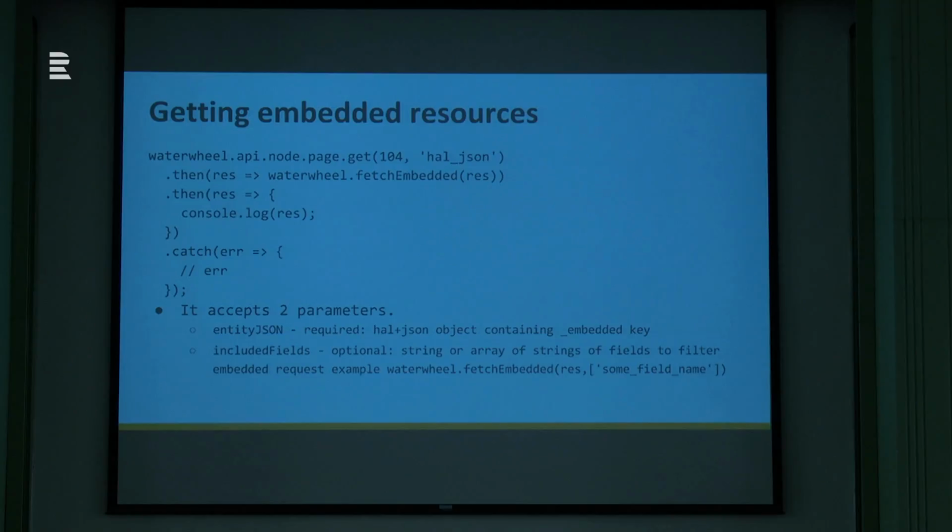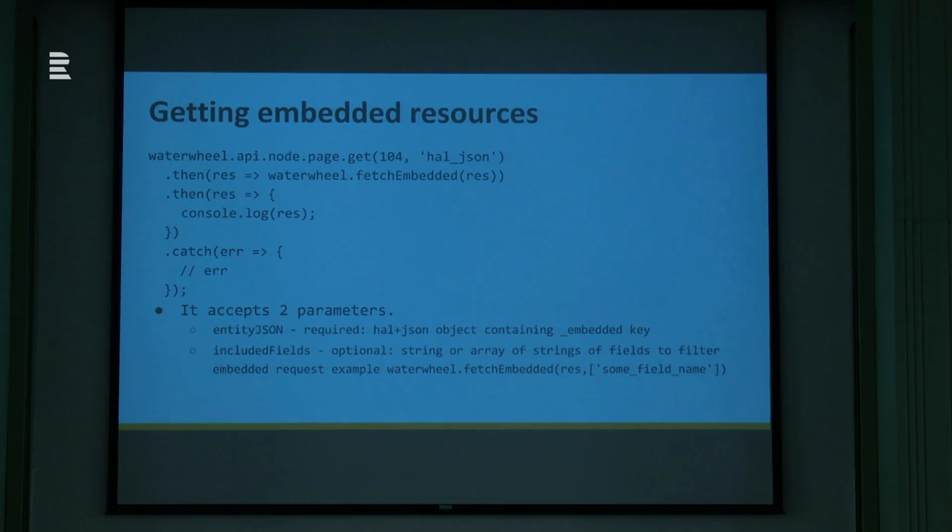There's a function there. So basically, when you are calling the resources you want, there's an embed parameter where you can fetch the embedded resources inside this resource that are connected. And here you can then do whatever you want with this. It accepts two parameters.